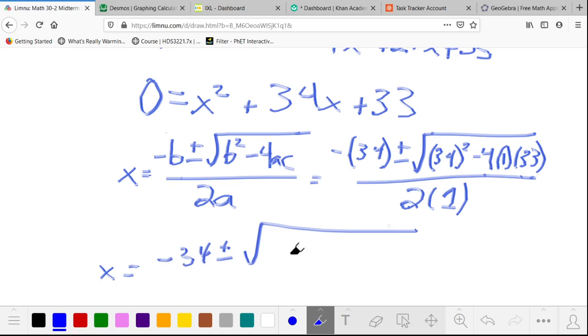So 289 times... Yeah, we can look at this and factor it as negative 1, negative 33. But sorry, if we just work out the whole determinant here.